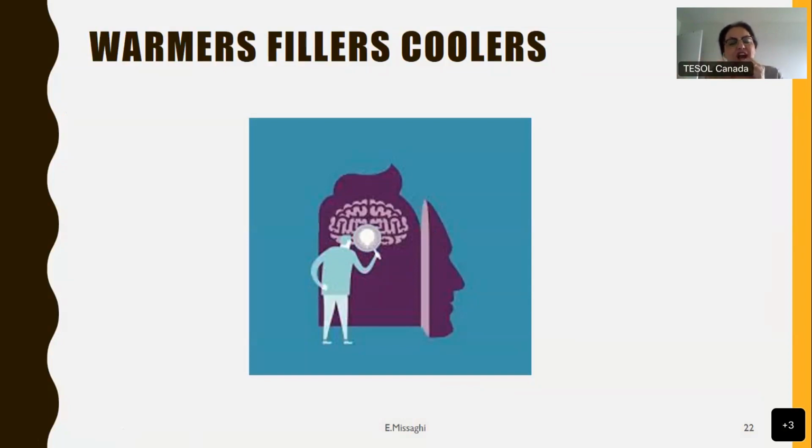Feelers are like icebreakers. If you have a 90-minute class or a 60-minute class, the students get tired. They get bored.